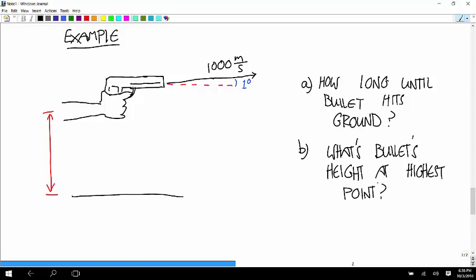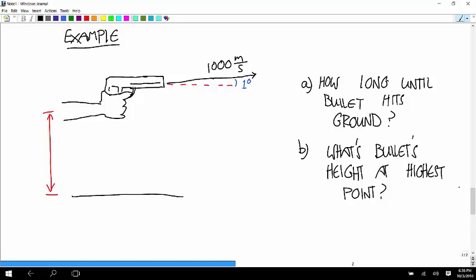Anybody have any intuition about these? You think it's going to be a lot longer or barely longer to hit the ground? And do you think it's going to be 1.05 meters or do you think it's going to be 10 meters? You have a feel for what's going to happen on this? No? Okay.